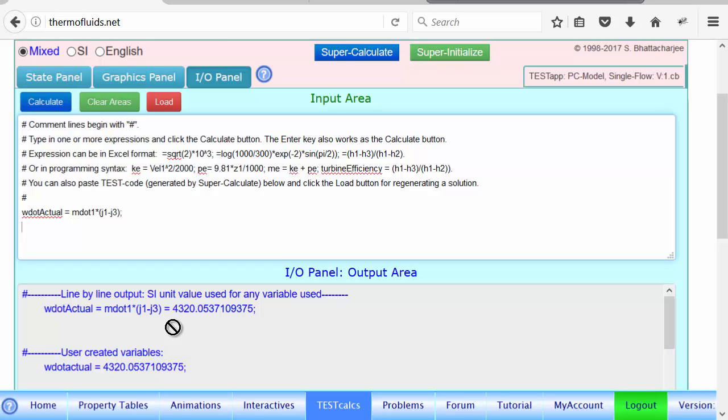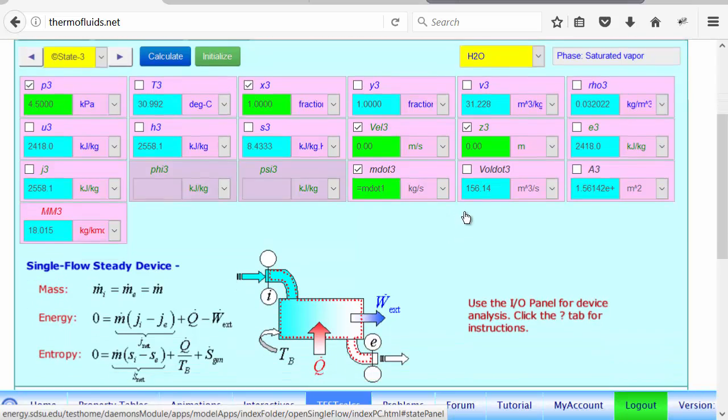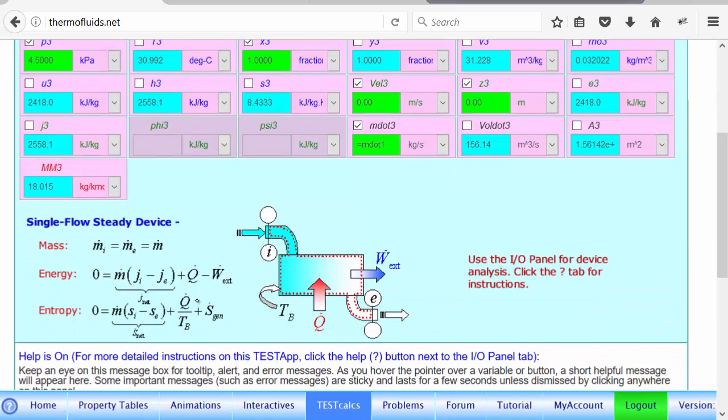Now, it's an adiabatic turbine, so we can calculate the entropy generation, S dot gen, by simply using the second law. The second law is telling us that there is no heat transfer, Q dot equals 0. So S dot gen is simply m dot times S exit minus S inlet.